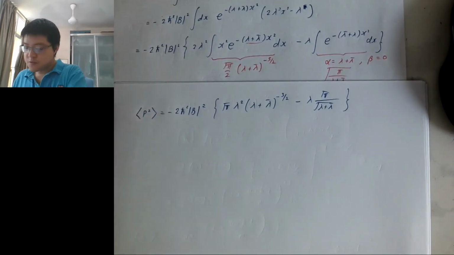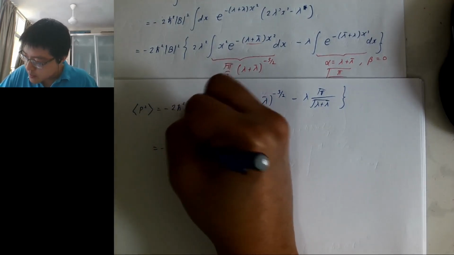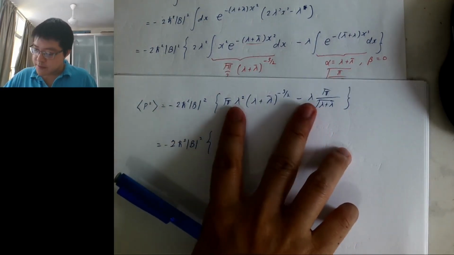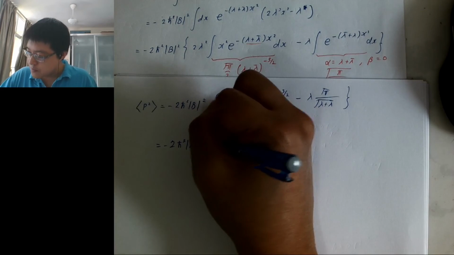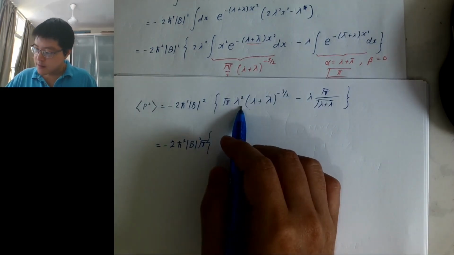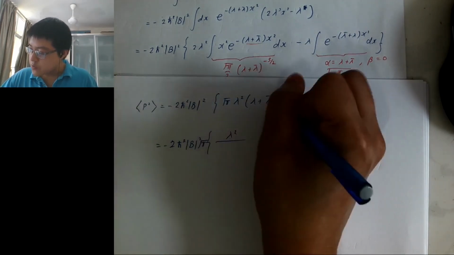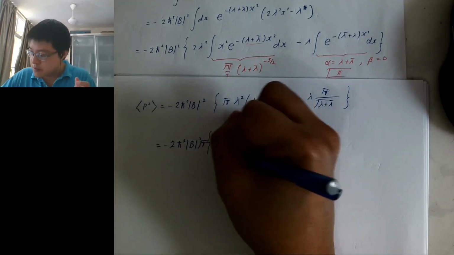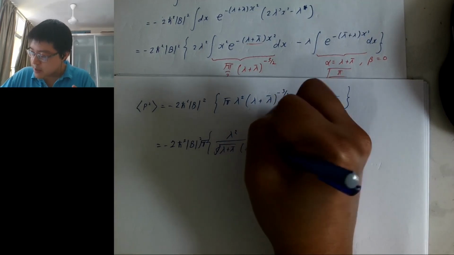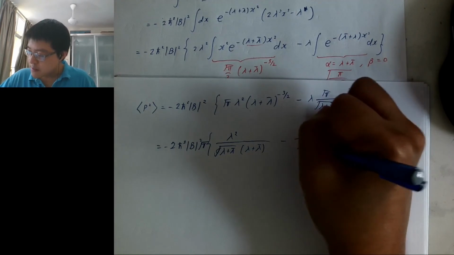Now let's try to simplify. So this is 2 h bar squared mod b squared. Actually there's root pi, so let's take out root pi, and then I got a lambda, right? So this is lambda squared over lambda plus lambda bar to the power of 3 over 2, times another lambda over lambda plus lambda bar square root.